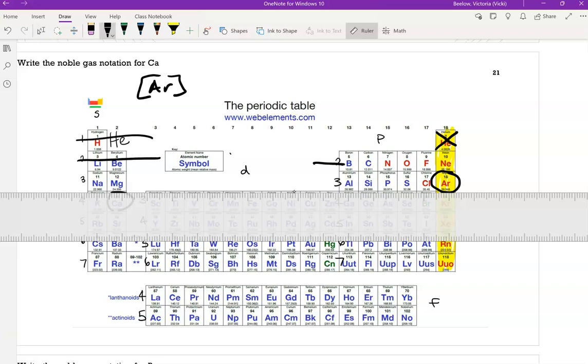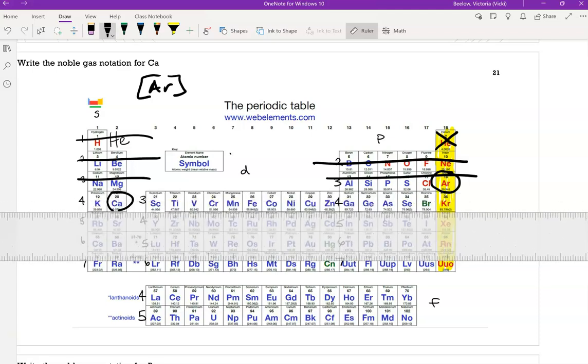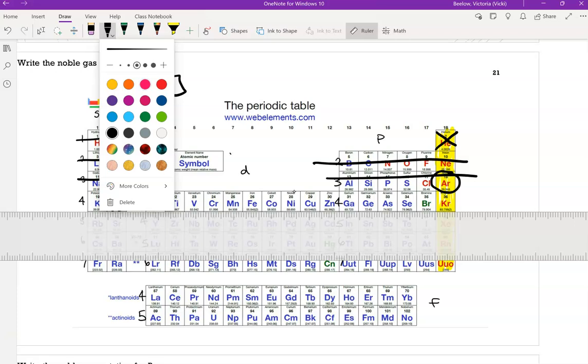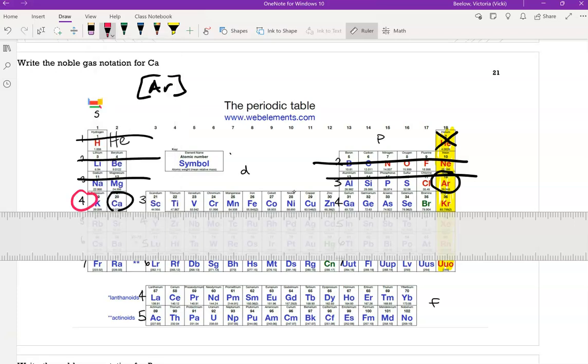All of this is being represented by argon. Then I just continue writing from there until I get to the element I want, which in this case is calcium. So I would continue my notation with 4s2, and this would be my answer.